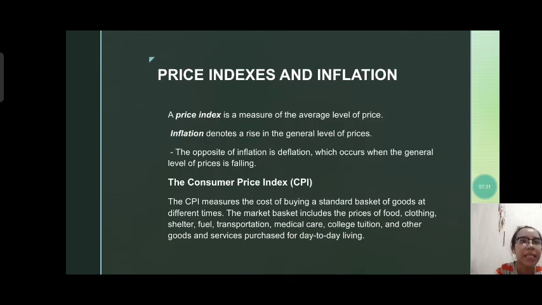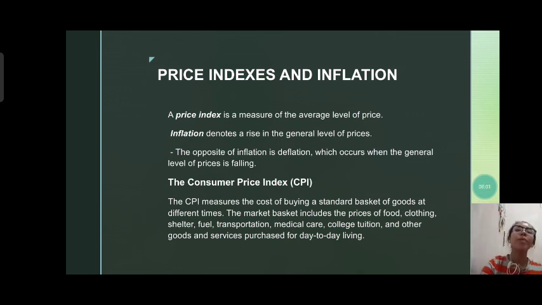Price indexes and inflation. A price index is a measure of the average level of prices, while inflation denotes rises in the general level of prices. The opposite of inflation is deflation, which occurs when the general level of prices is falling. Next is the Consumer Price Index, or CPI.